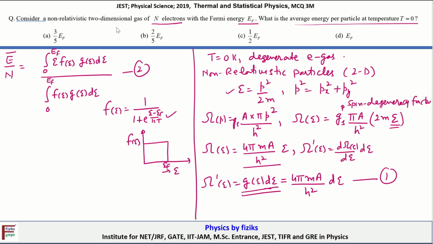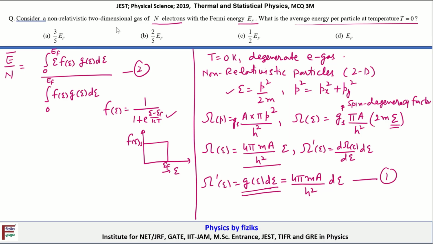Below the Fermi energy it acquires a value of unity, and for any energy greater than E_F it is equal to 0. That's why we do the integration only up to the Fermi energy, because beyond E_F this function takes a value of 0.